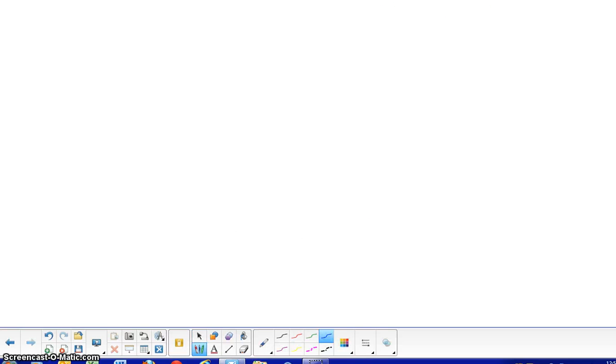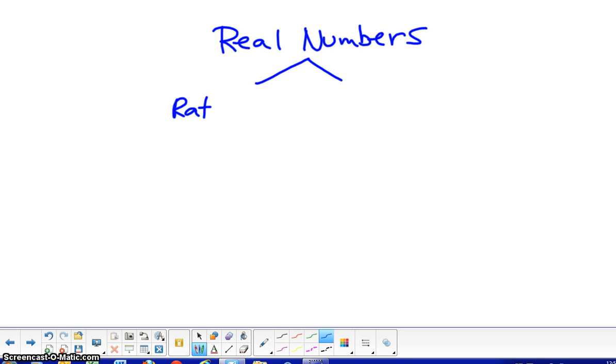Before we begin the practice problems, I just want to summarize what I just said in a little family tree. So overall, we have real numbers, and please write this in your notes. Then it separates into two categories. One are the rational numbers, and the other one is going to be irrational numbers.